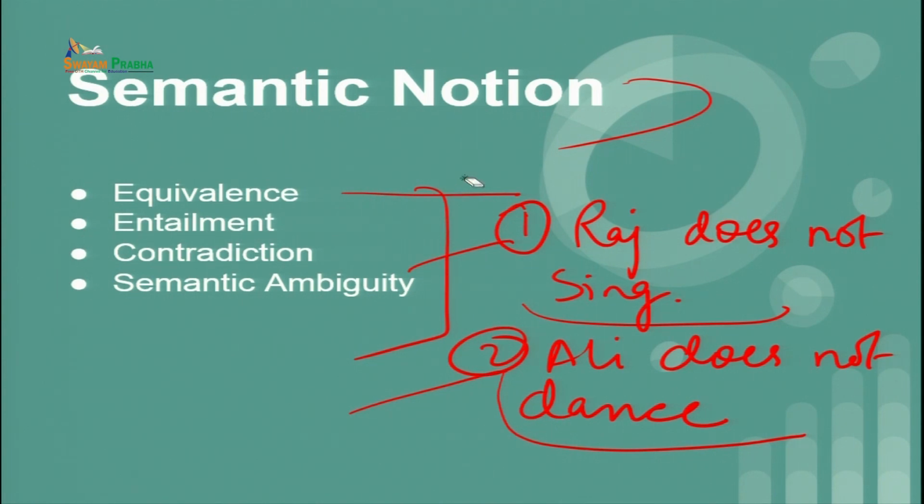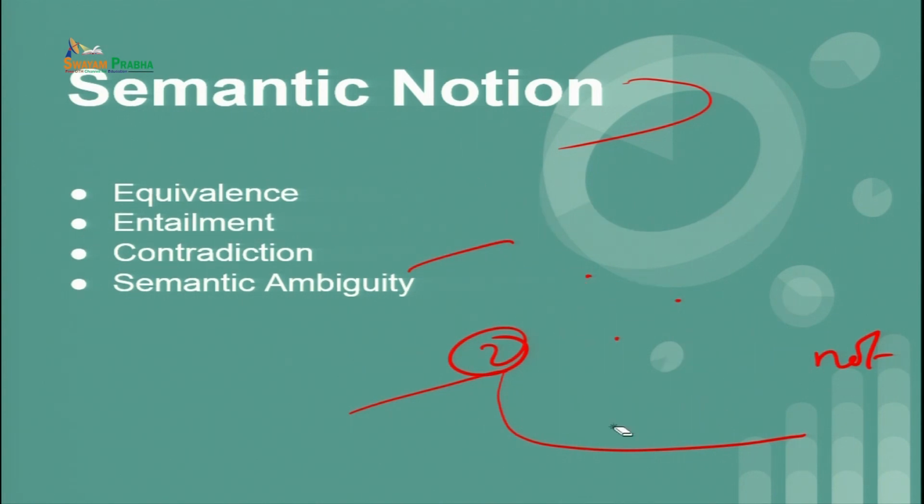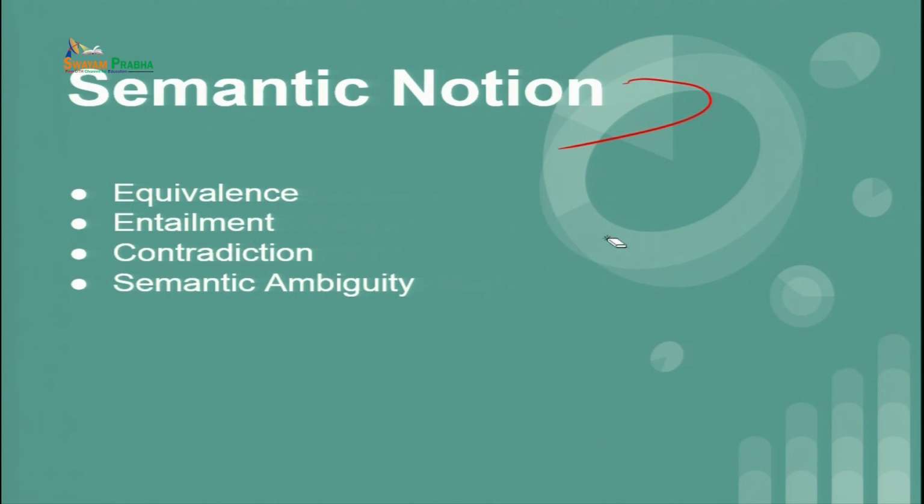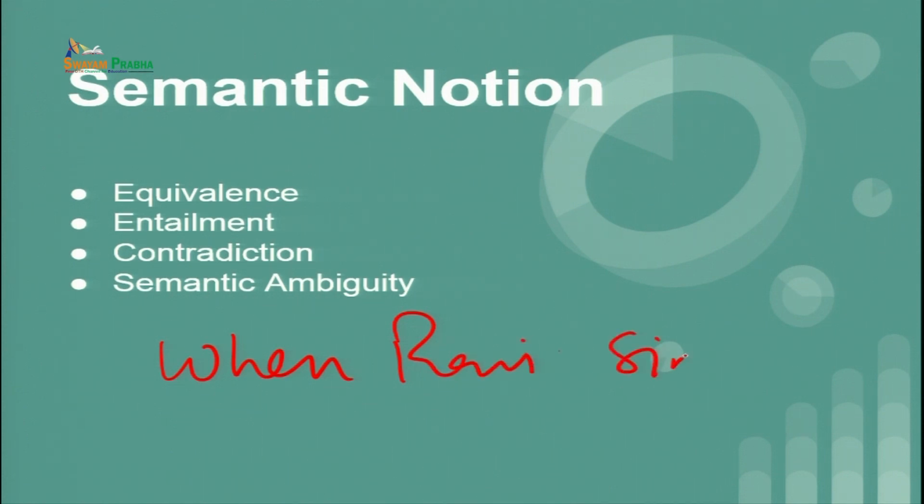Now, coming to the point of entailment, we refer to the point that A is true, so B also becomes true. For example, if I say when Ravi sings, Ali claps.